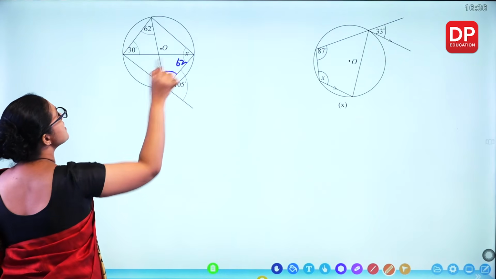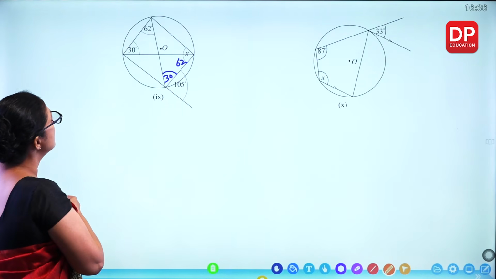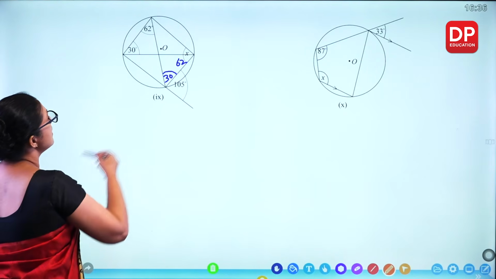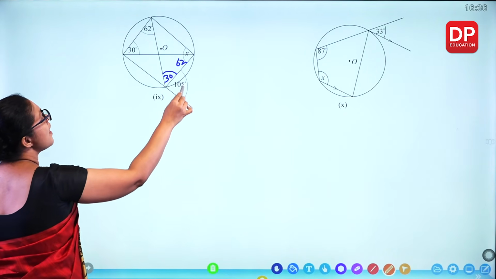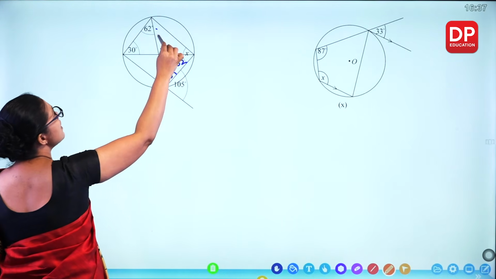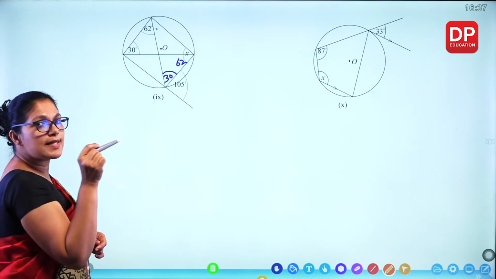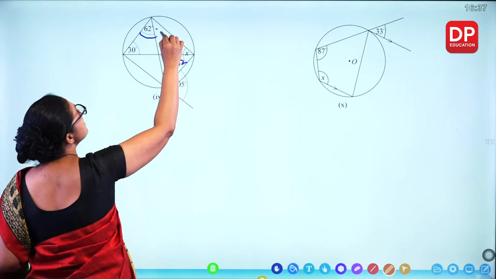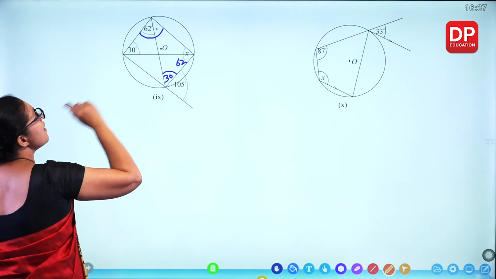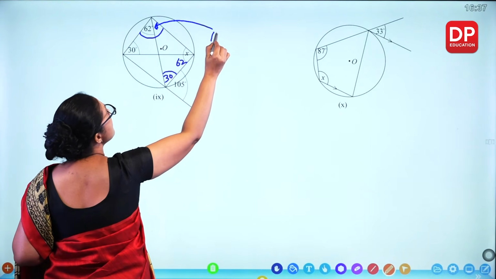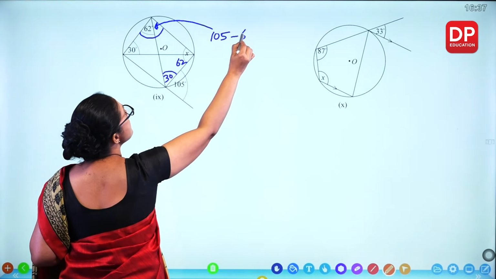Same segment angles are equal. And if this is 105, what's this angle? We can find out this angle because exterior angle is same as the opposite interior angle. So this angle is 105. So what's this angle? This angle is 105 minus 62.